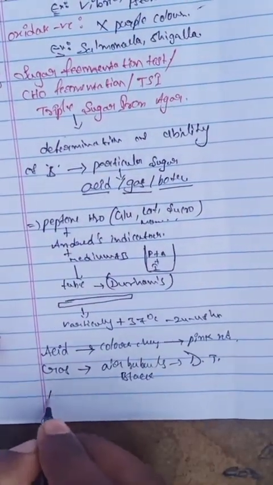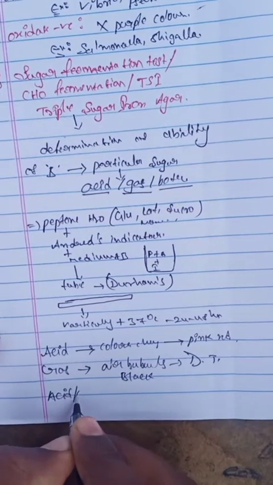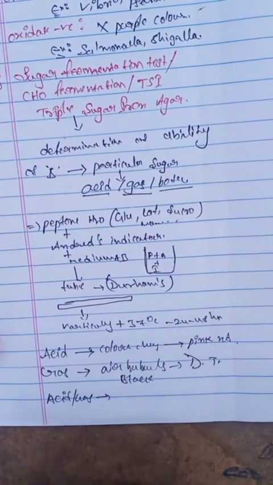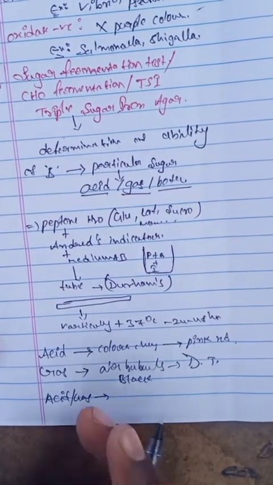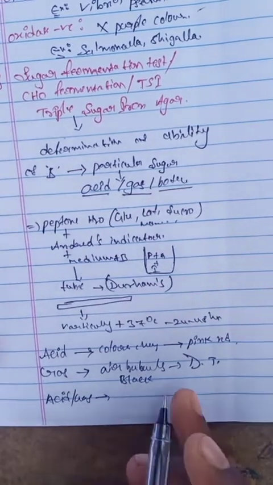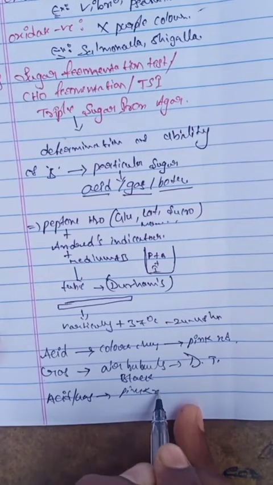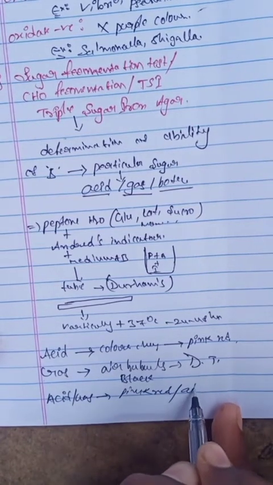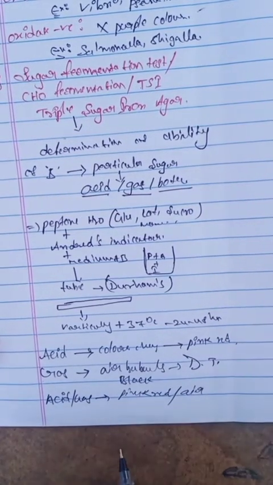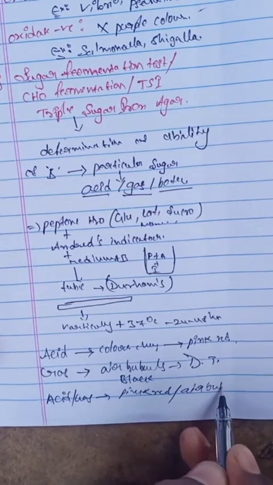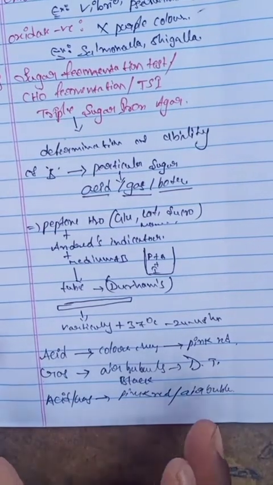And in case both acid and gas are produced, there is a color change to pink red, as well as the formation of air bubbles in this test.